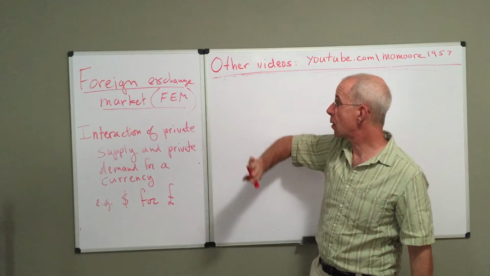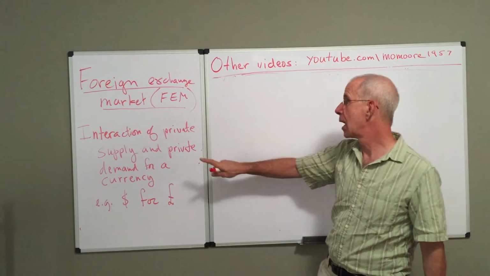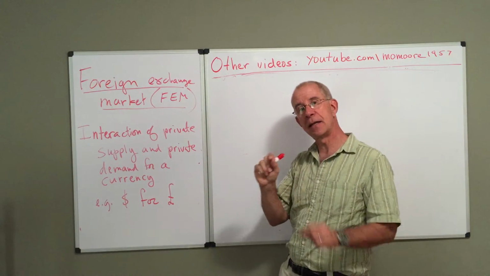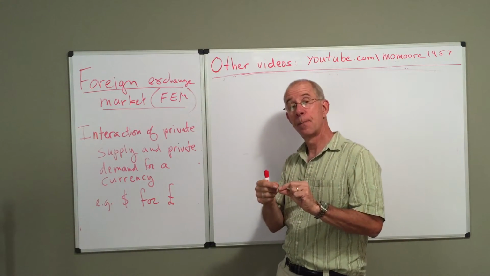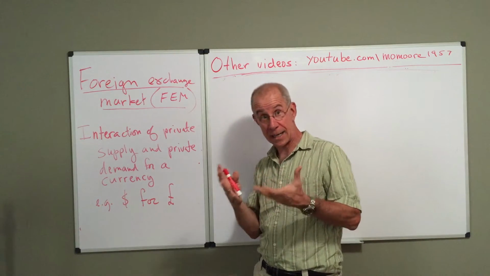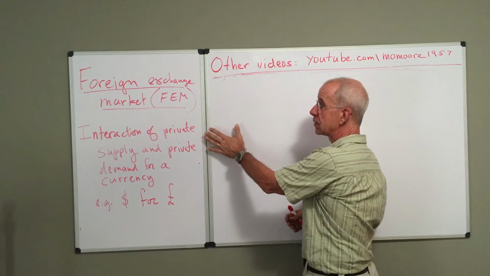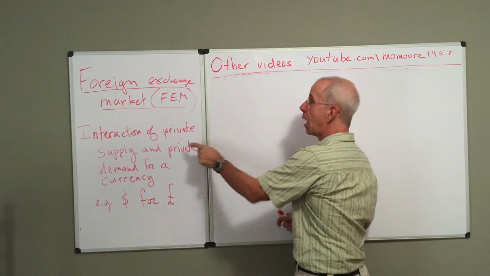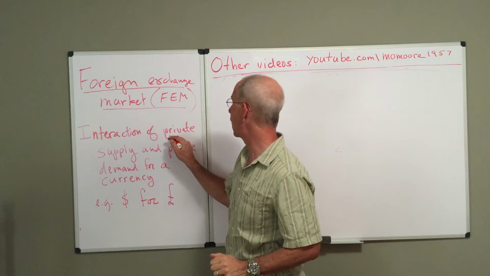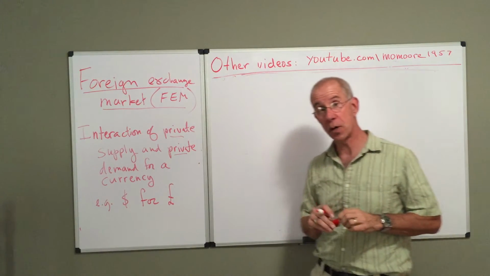But the foreign exchange market is a very particular market because it is not for a good, but instead for a currency. Now, the foreign exchange market is going to be characterized by an interaction of private supply and private demand for a currency.